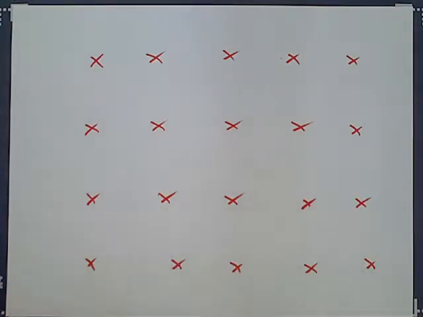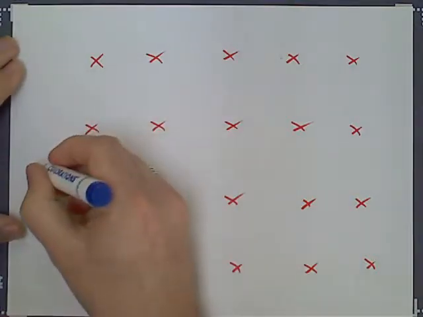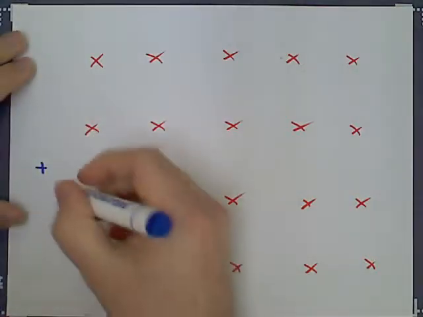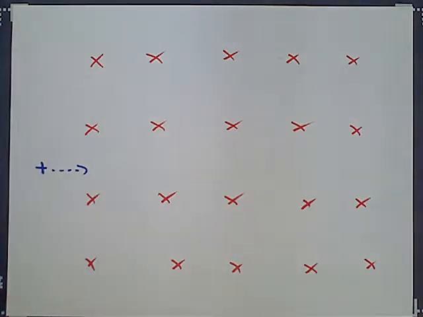And we're going to have a positively charged particle moving into that field. So that could be a proton or an alpha particle or something of that nature, as long as it's positively charged in this case.